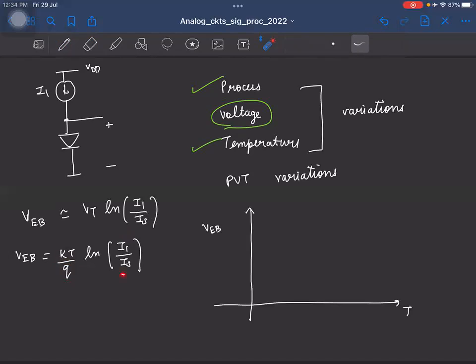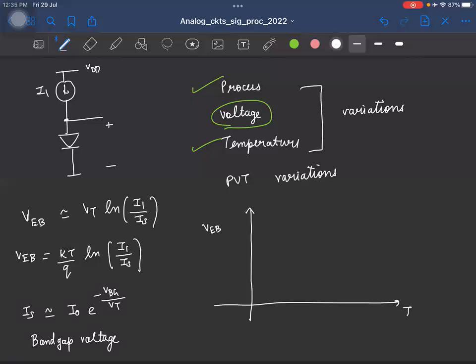But as it turns out, this fellow, the reverse saturation current for the diode, is dependent on temperature, and approximately you can say that it follows this relation, which is I0 e power minus VBG by VT, where VBG is the band gap voltage. Okay. And does anyone remember what is the band gap for silicon at room temperature?